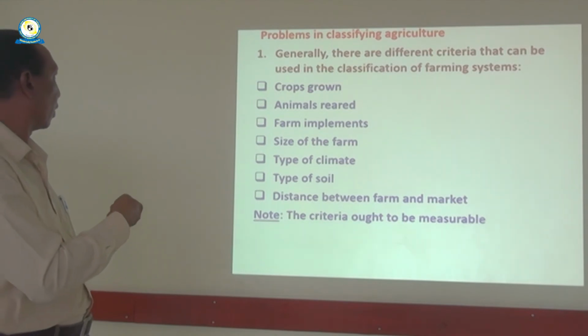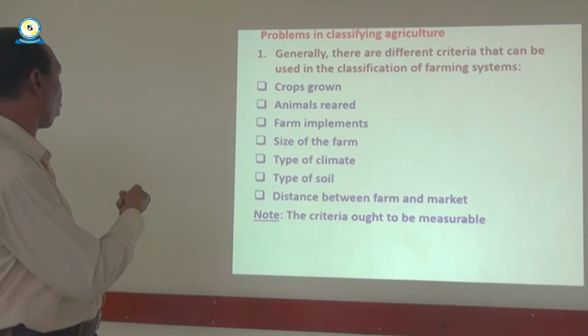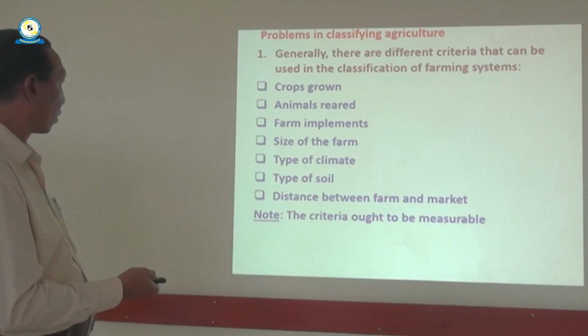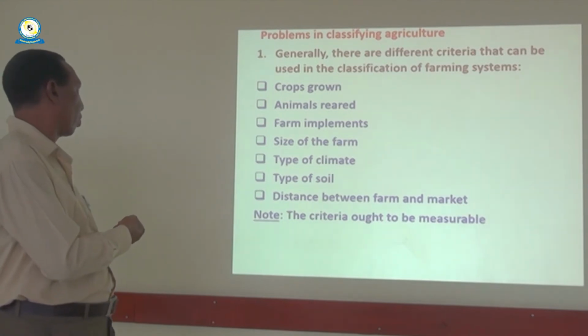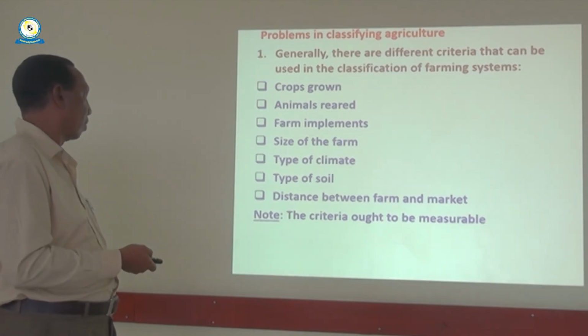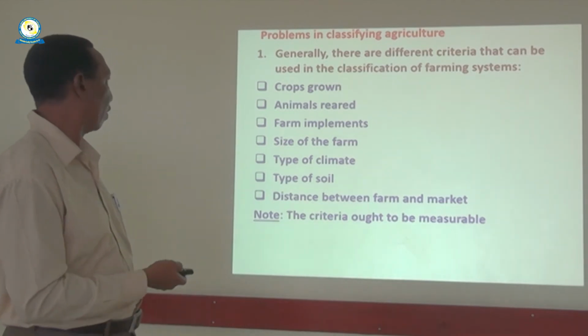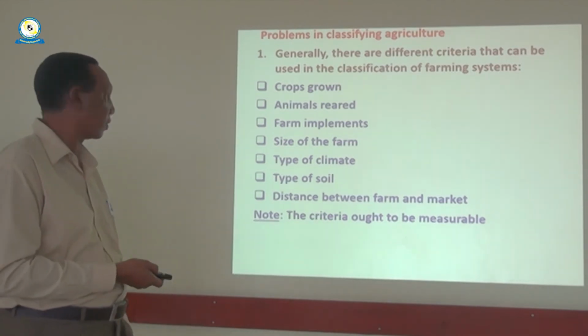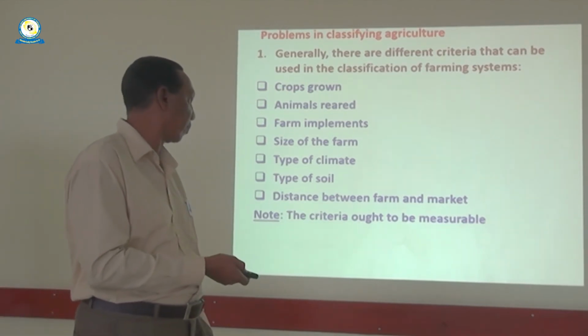Some geographers group by crops grown. That can be also another kind of classification. Some group according to animals reared, or farm implements used, size of the farm, type of climate, type of soil, distance between farm and market, and so on.